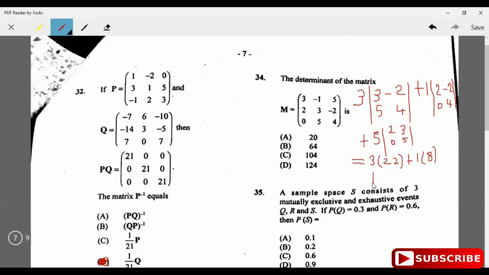Then we have plus 5 times 5 times 2, which is 10. So we get 50 plus 8, 58, plus 66, that's 124. Easy.